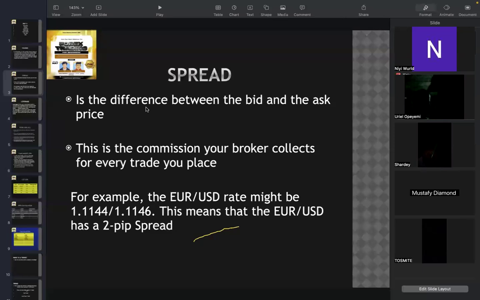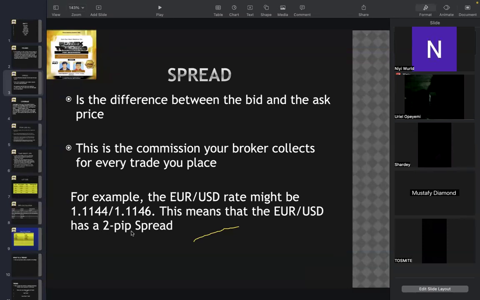And then we have a lot of currency pairs. I explained what a currency pair actually means yesterday. Like EUR, this is one country, and USD is another country. Both of them come together. So you see, the rate may be 1.1144 and 1.1146. This means that the EUR/USD has a 2 pips spread.